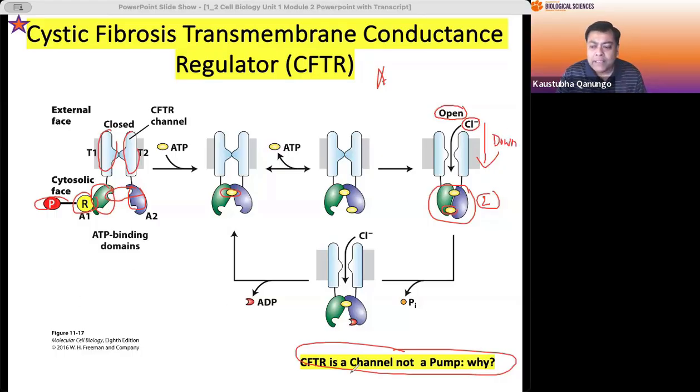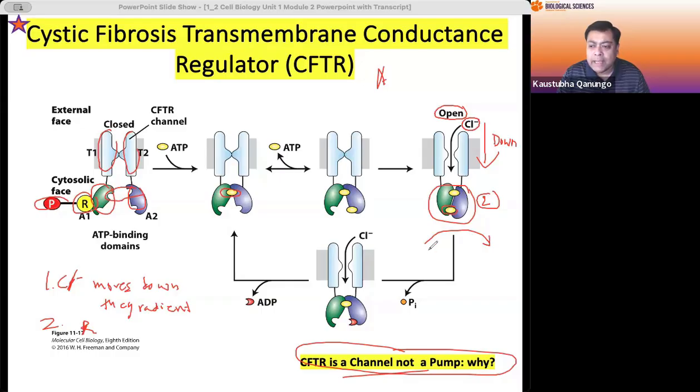So why is this a channel and not a pump? Number one, chloride moves down the gradient. That's number one. A pump would move it against the gradient. Number two, the pump requires ATP. A typical pump, as you saw, requires an ATP every cycle.